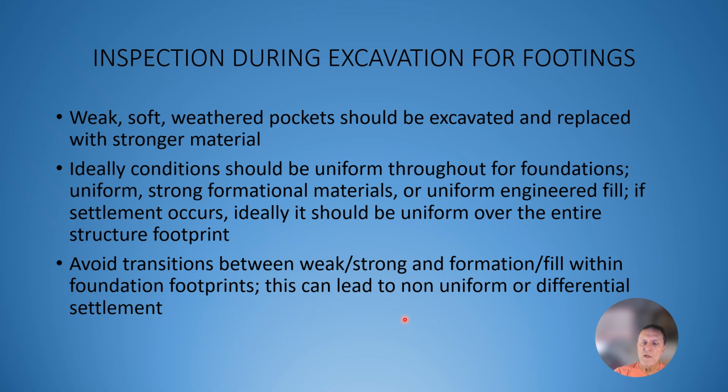Now, when you're excavating for footings, you want to excavate before you pour concrete, place steel. You might see weak or soft weathered pockets, so you've got to dig those out and replace with stronger material. You want to have uniform conditions throughout foundations.